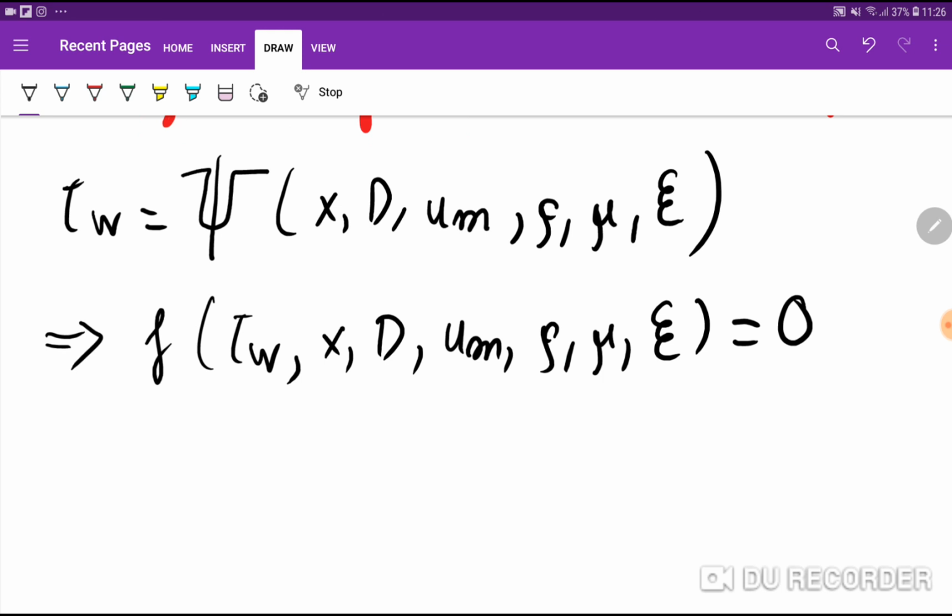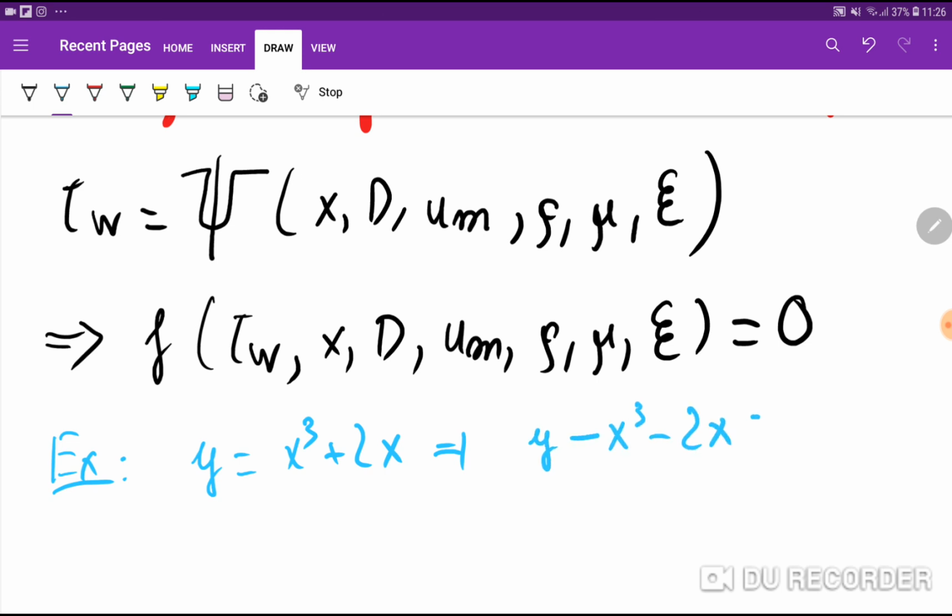Why do I say that? For example, if you have y equal to x cubed plus 2x, you can say y minus x cubed minus 2x equals 0, and if you name all this chi of x, y, you can say chi of x, y equals 0. Similarly, the shear stress is a function of all these variables, so there exists a function that covers all of them, and that function is always equal to 0.